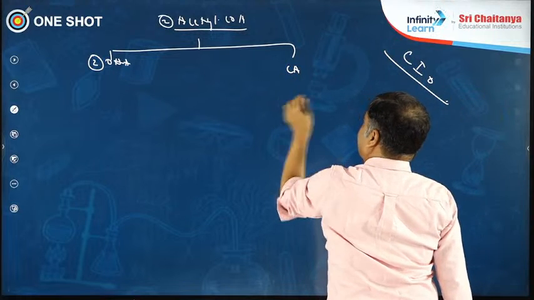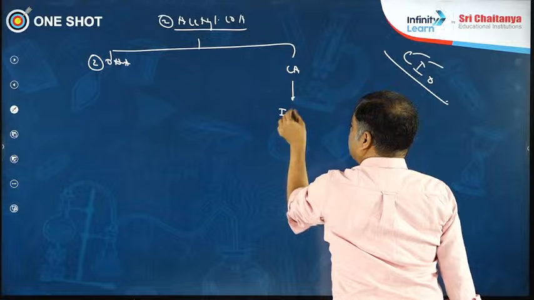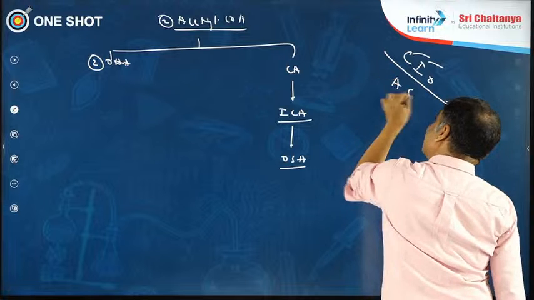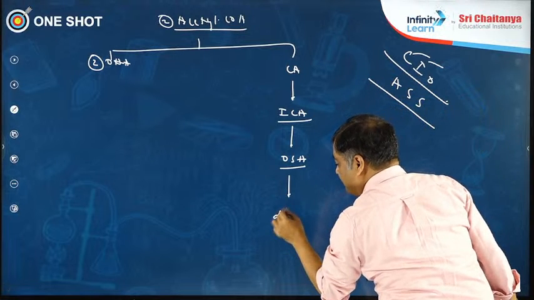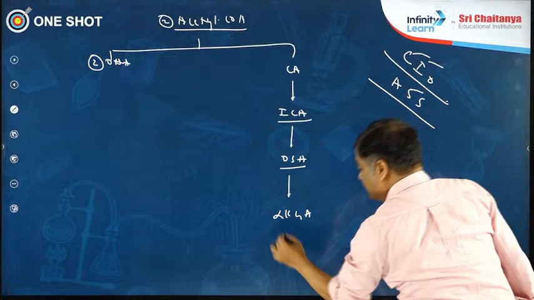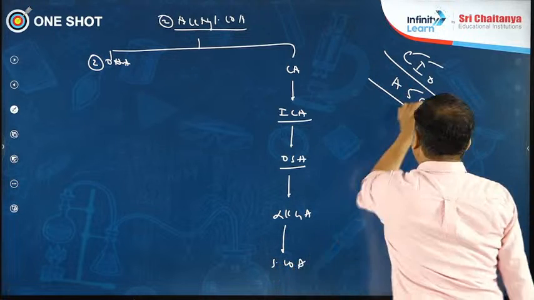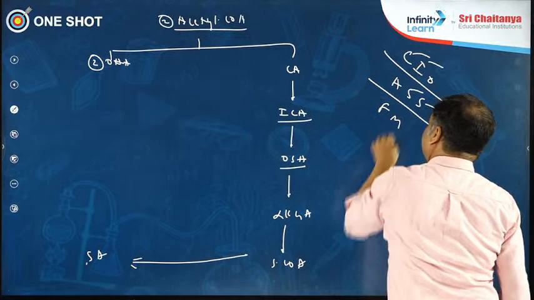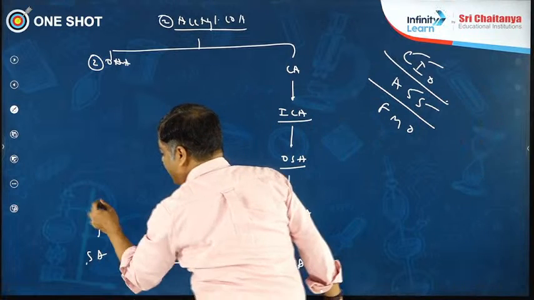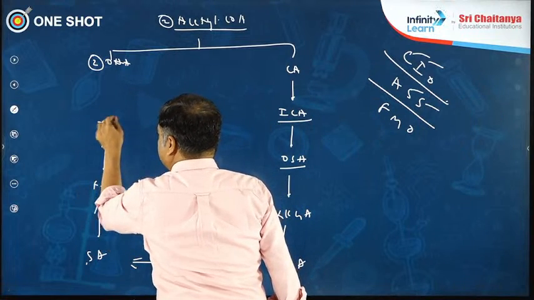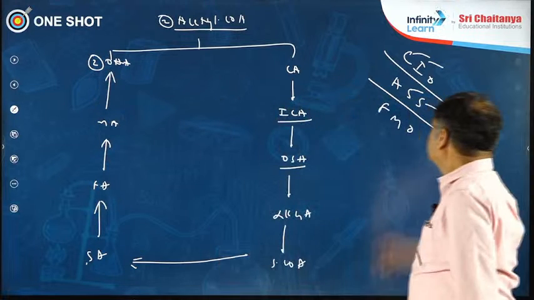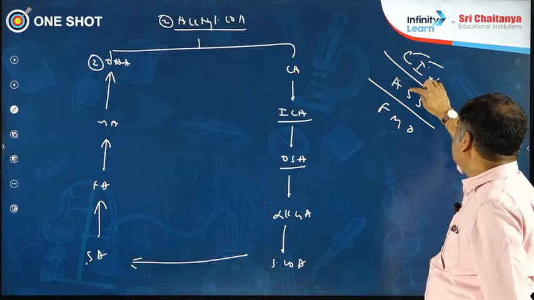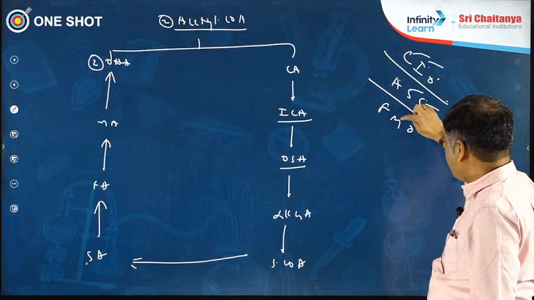It first forms citric acid, I. It forms isocitric acid, O. It forms oxalosuccinic acid, then A, S and S. Then it forms alpha ketoglutaric acid, S. It forms succinyl coenzyme A, S. It forms succinic acid, then FM, O. All right, succinic acid to fumaric, fumaric acid to malic, malic to oxaloacetic. C, citric, isocitric, oxalosuccinic, alpha ketoglutaric, succinyl coenzyme A, succinic, fumaric, malic and oxaloacetic.